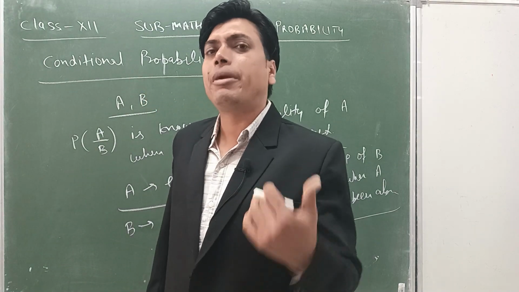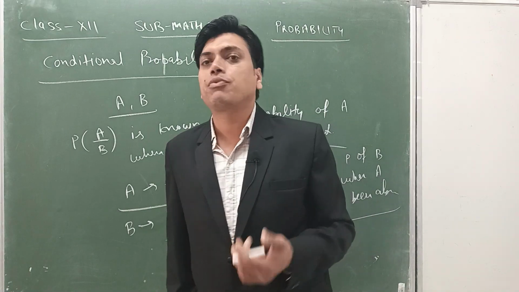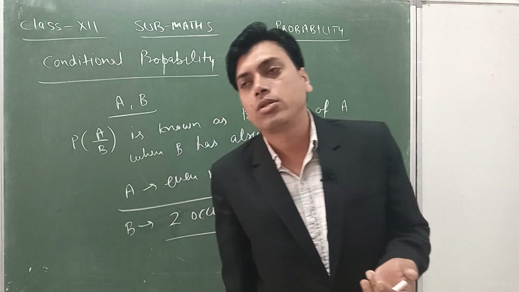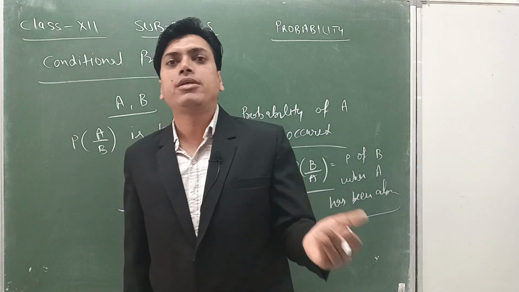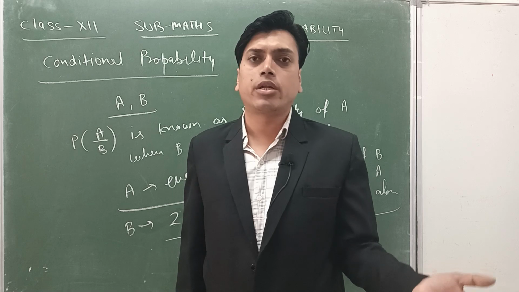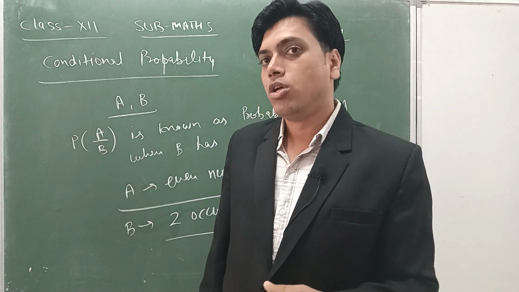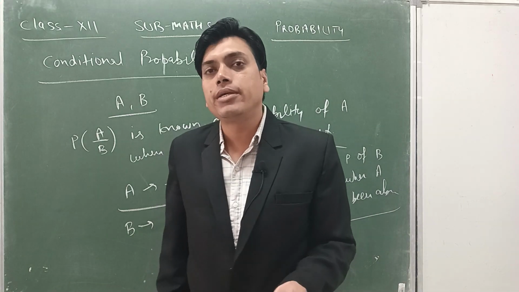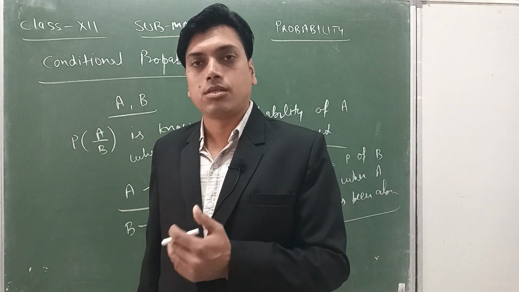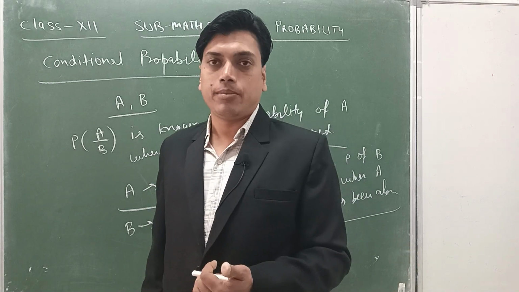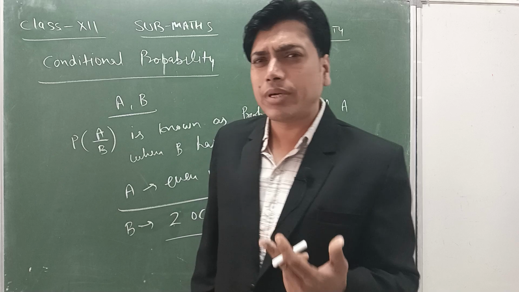We can have many more examples. Suppose there is a family which has two children. A survey is going on. There are two children in the family, either a boy or a girl. What is the probability that both are girls if it is known that the youngest is a girl? Two events are there.